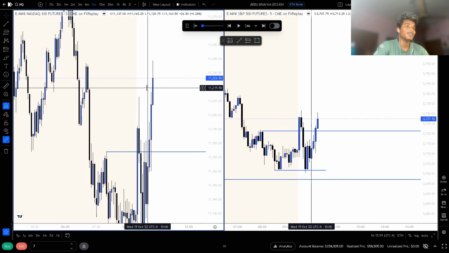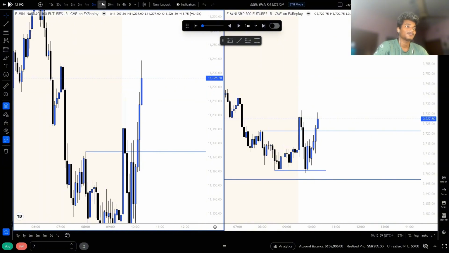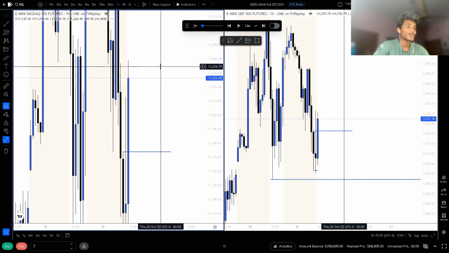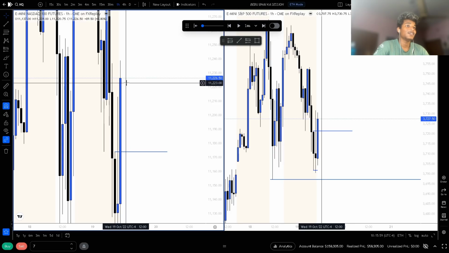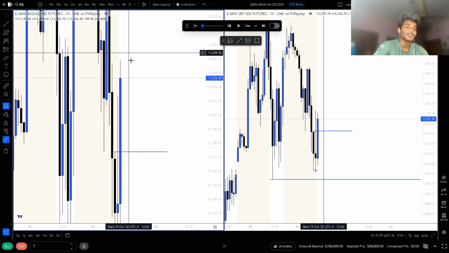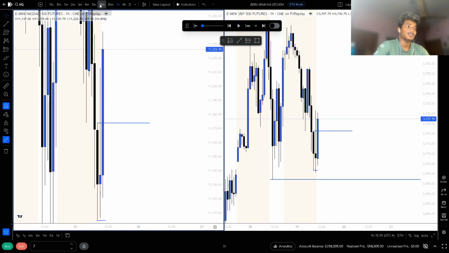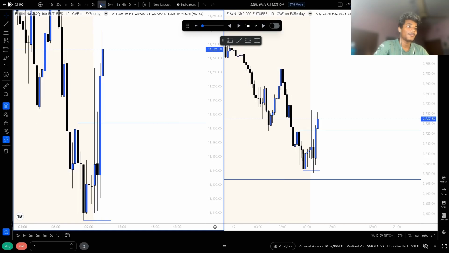So we remanipulated the highs, and if we see a rejection, then it will be a banger setup, guys. So we have a bearish SMT at this point of time also.